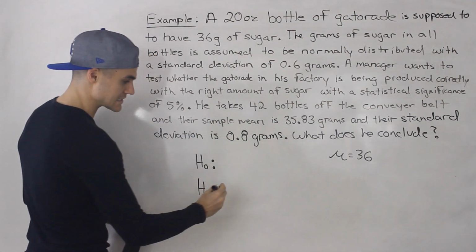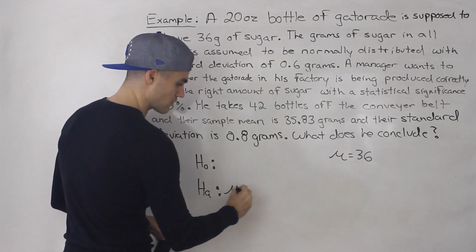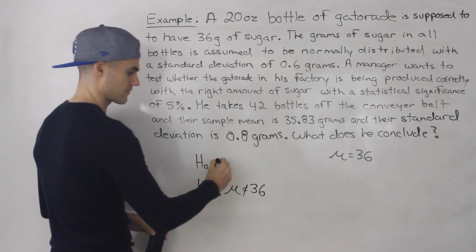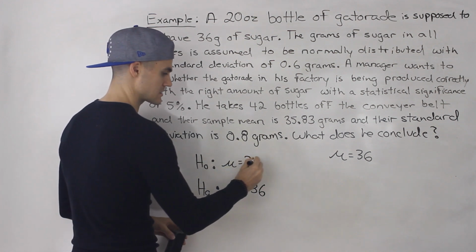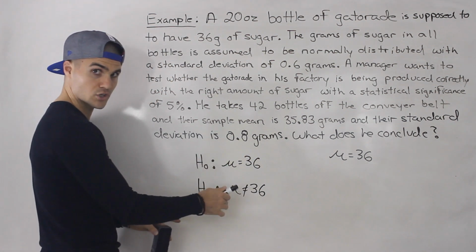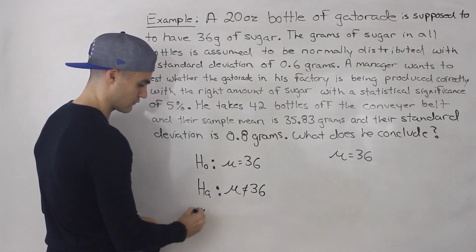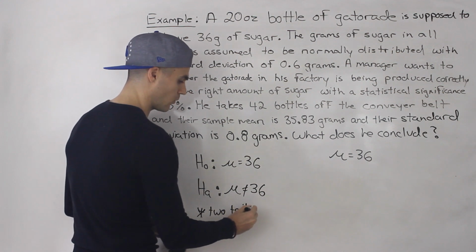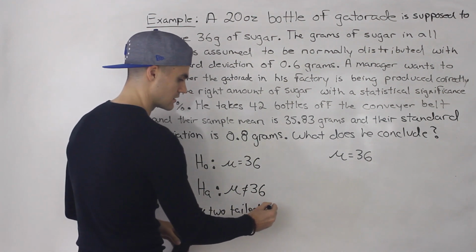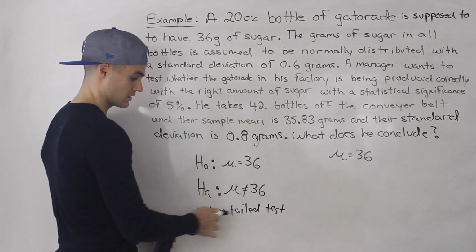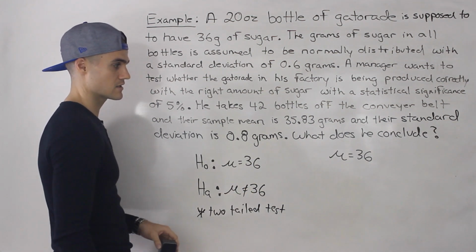And so what he's testing for is whether that mean is different than 36. And so the null hypothesis is equal to 36. And when the null and the alternative hypothesis are in this kind of format, as we discussed in that one-tailed versus two-tailed test video, when you've got the equal sign and the non-equal sign, you're dealing with a two-tailed test, right?